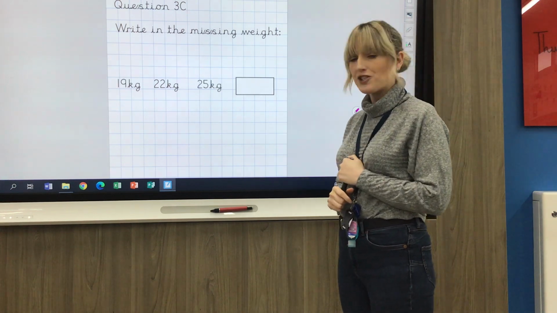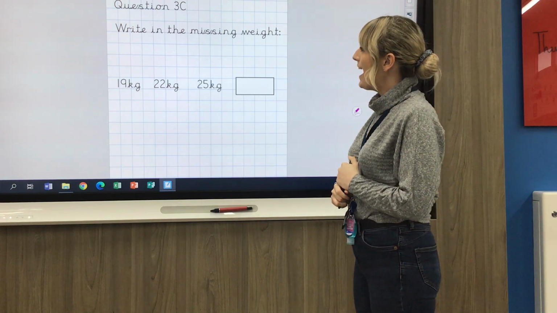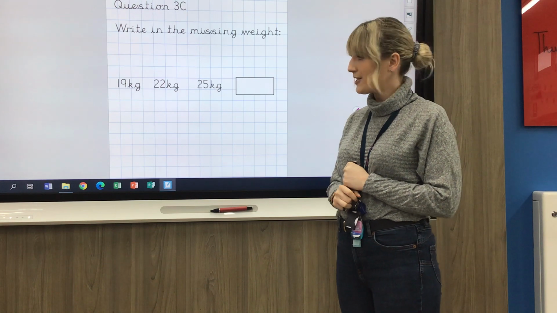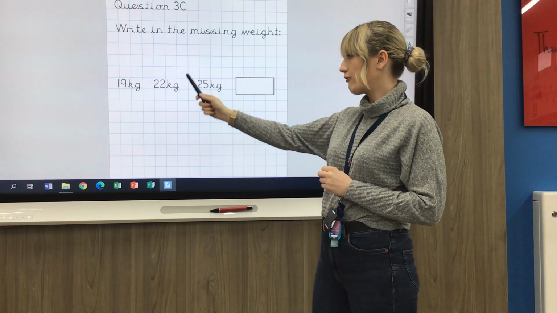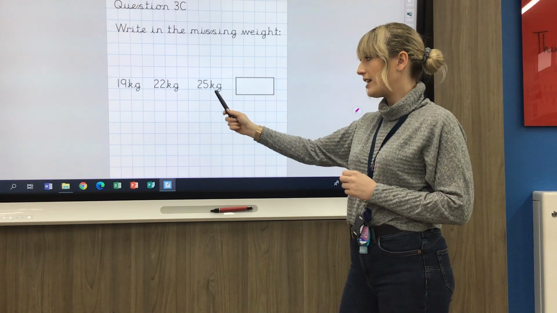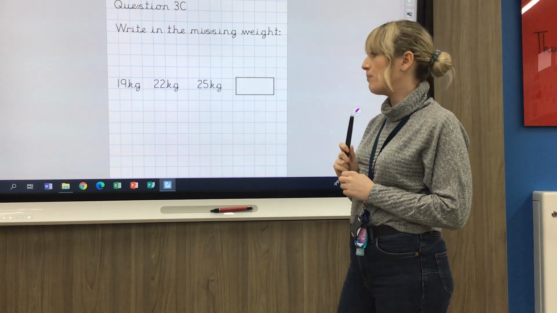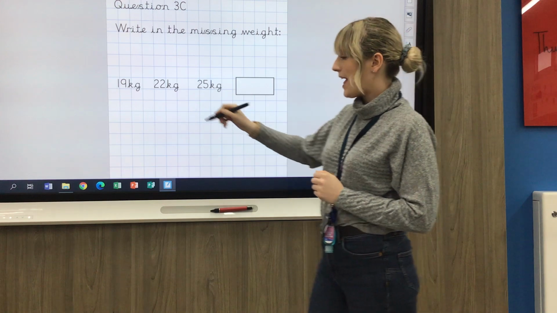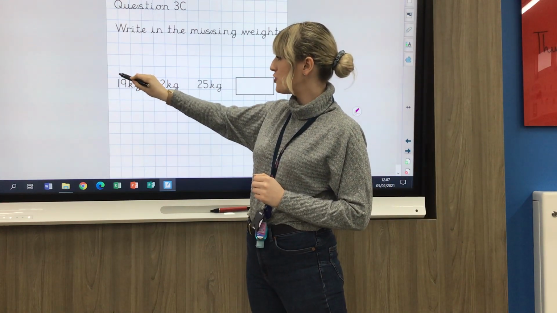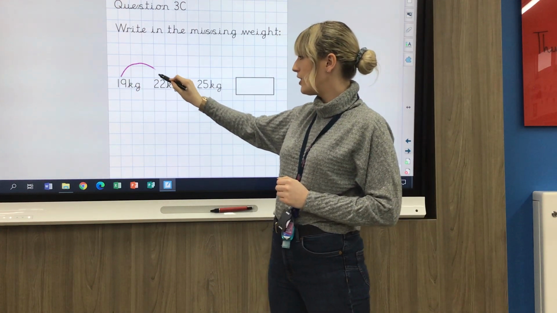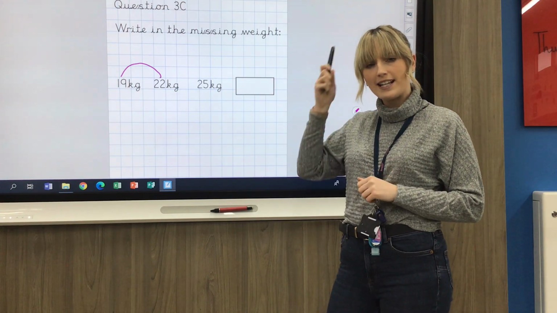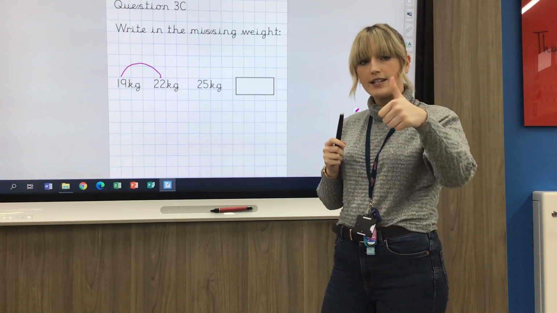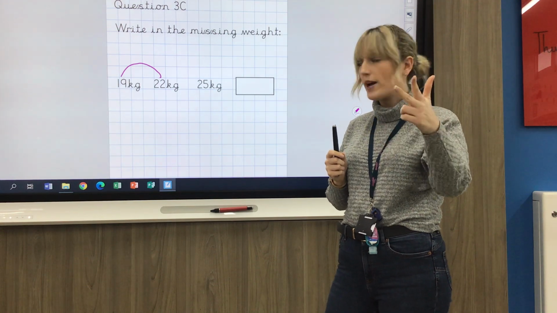Okay, question 3C. Write in the missing weight. So you've got 19 kilograms, 22 kilograms, 25 kilograms, and then a missing number. Like with any missing number, you need to count the jump. So we've gone from 19 to 22. How many have we added? Let's count. 19, 20, 21, 22.